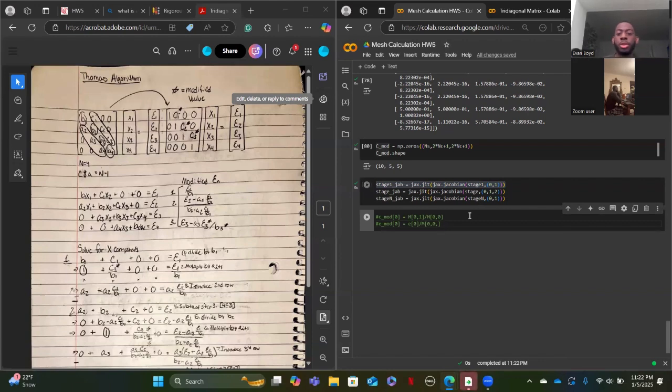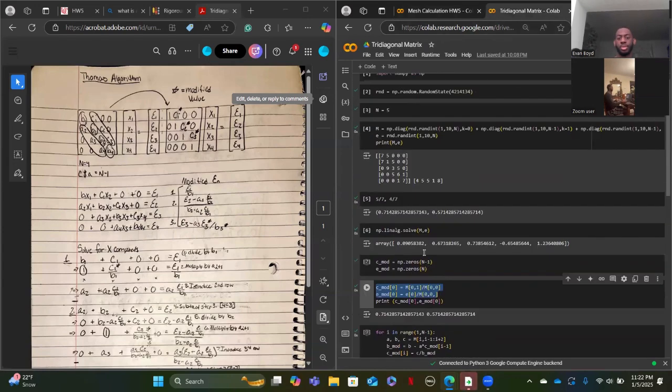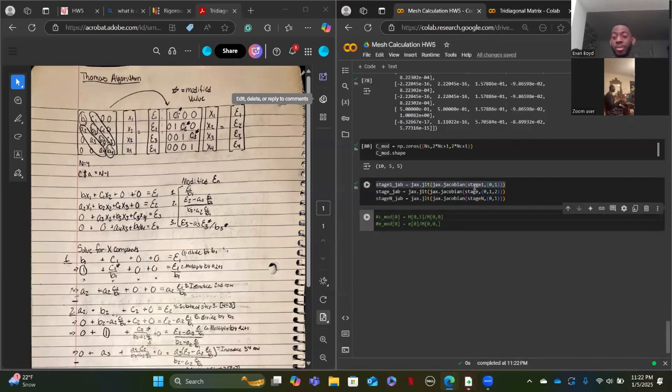For this, like I said earlier, they already had values for the matrices up here, but we are just evaluating equations.